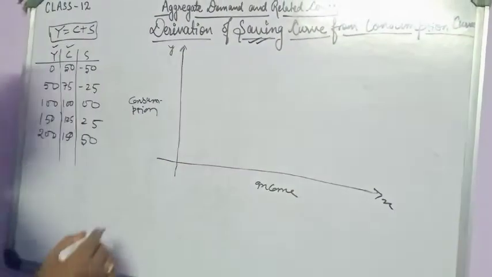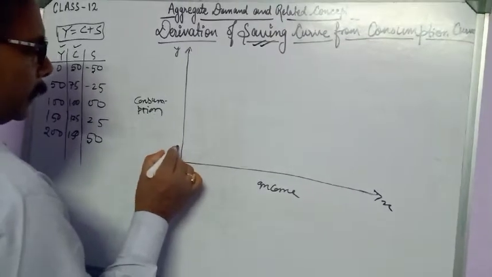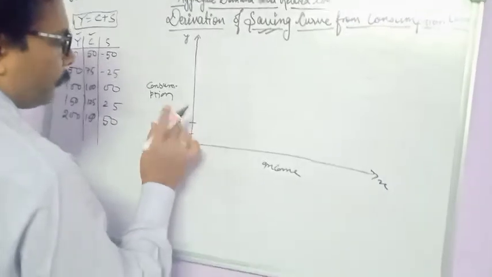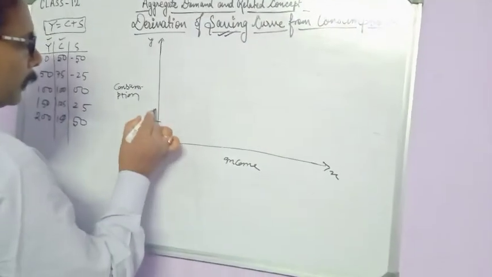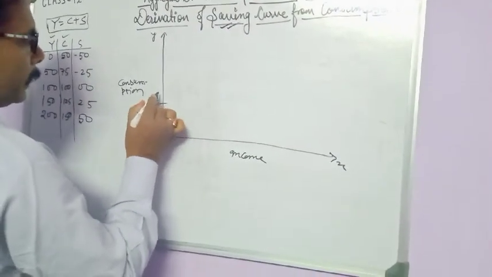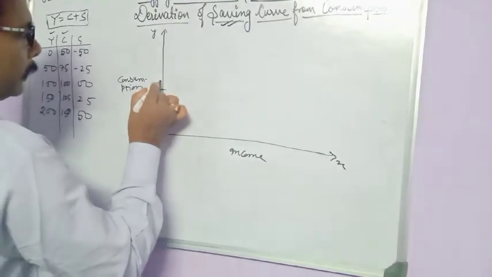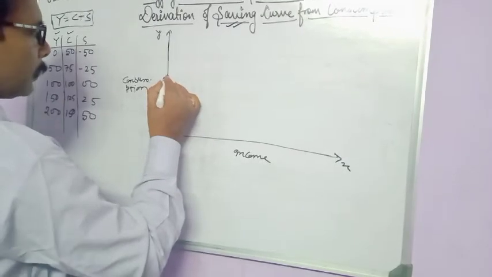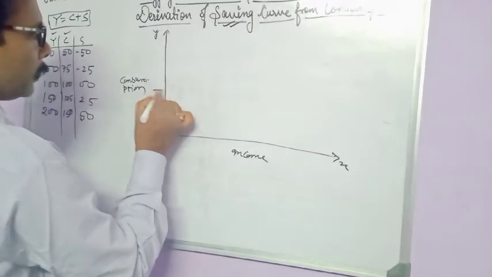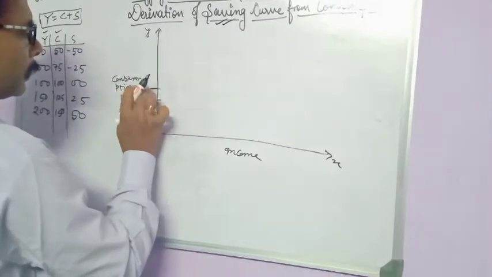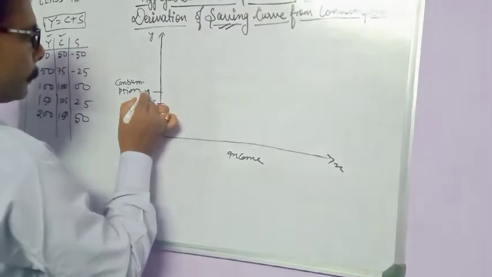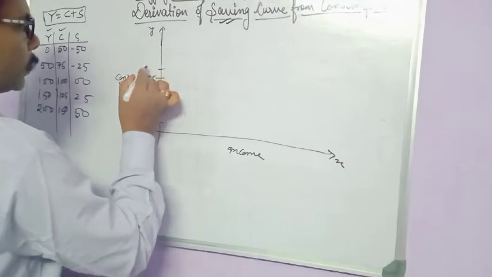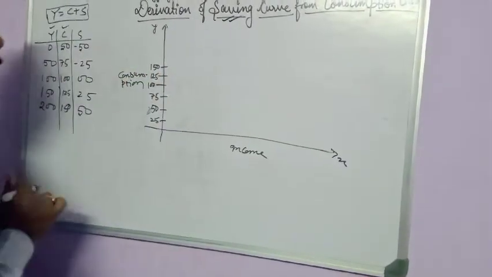Let consumption be 25, 50, 75, 100, 125, 150, and so on.